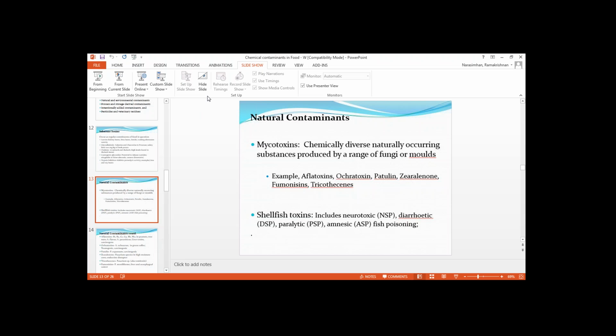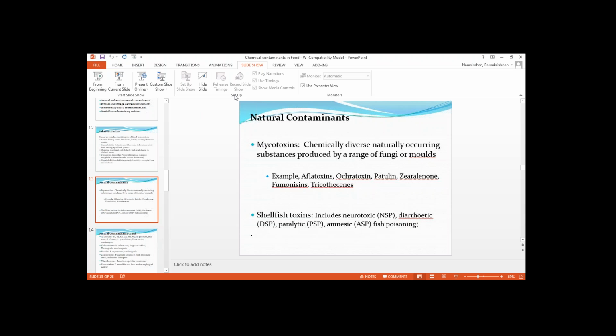Production of this compound is favored by high humidity and low temperature, particularly during harvest. These conditions are quite conducive to the growth of these molds and the production of these toxins.